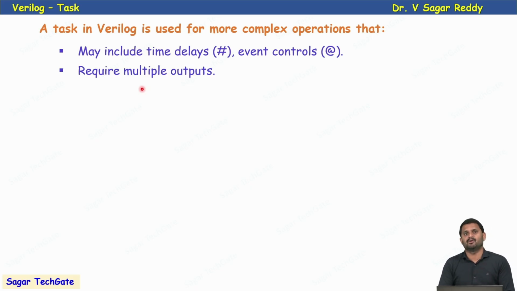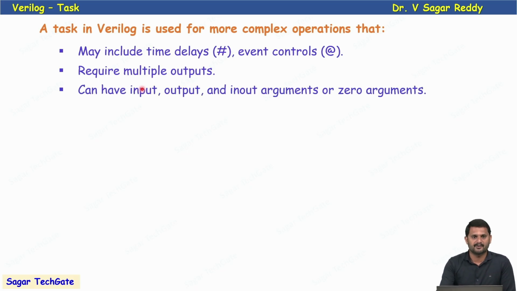Sometimes we expect multiple outputs, whereas a function can return only one value. If we expect multiple outputs, then we define a task instead of a function.